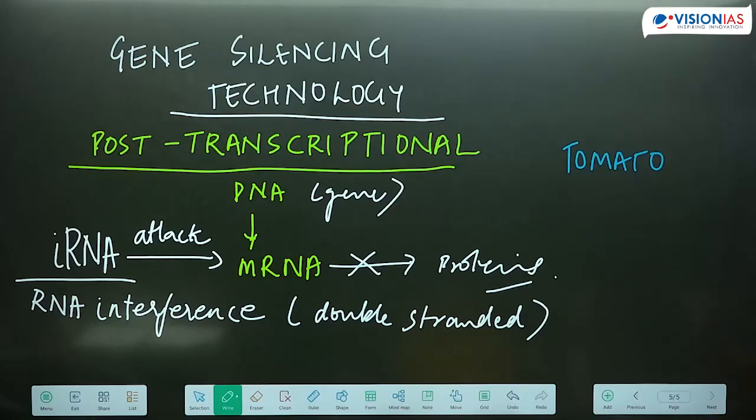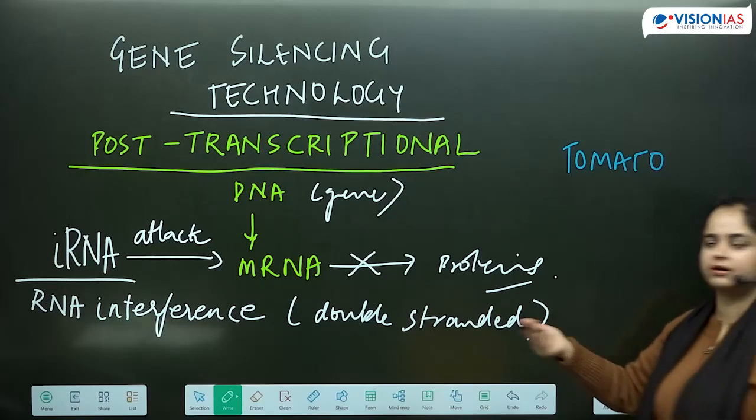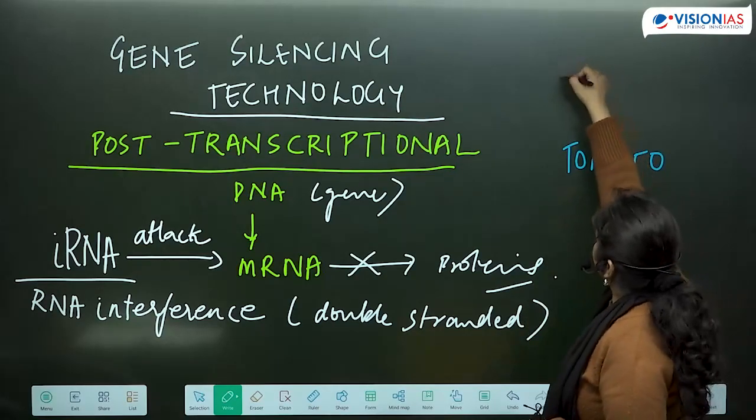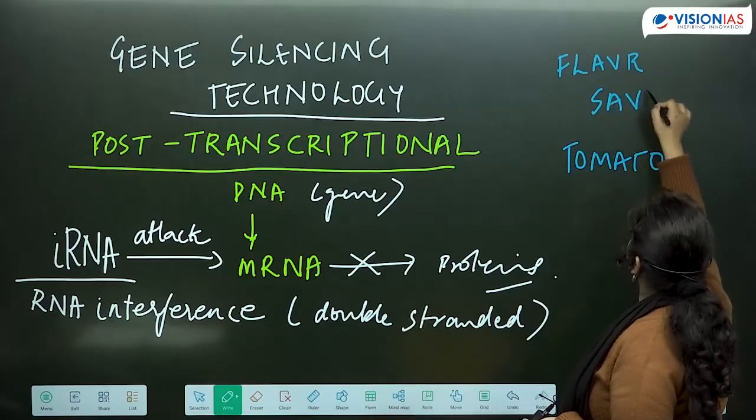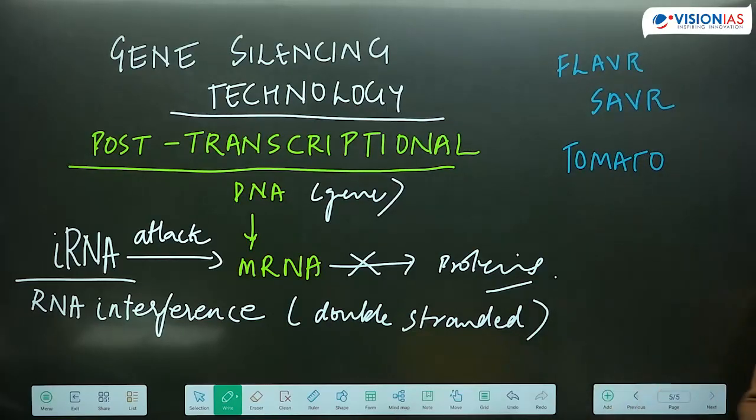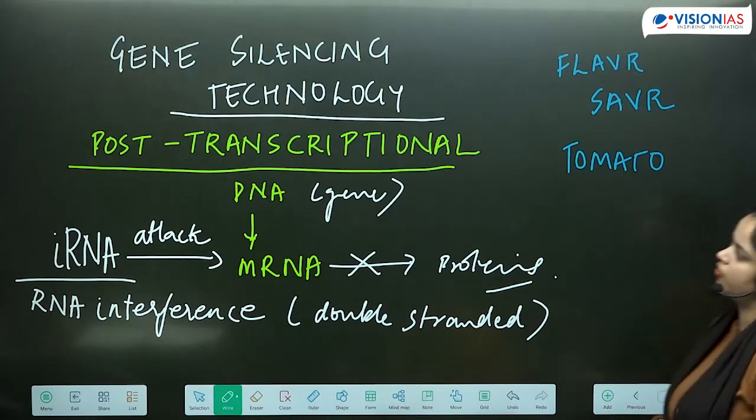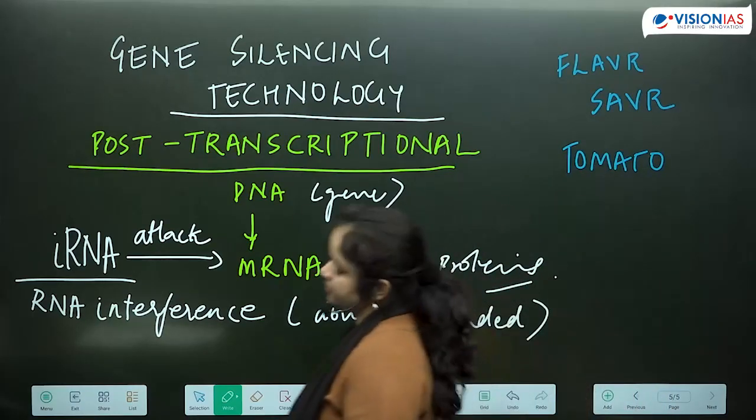It could stay without getting spoiled for a longer time period. और ये टमेटो वैरायटी को बोलते हैं फलवर सवर tomato. Okay, so this is an example you can write for gene silencing.